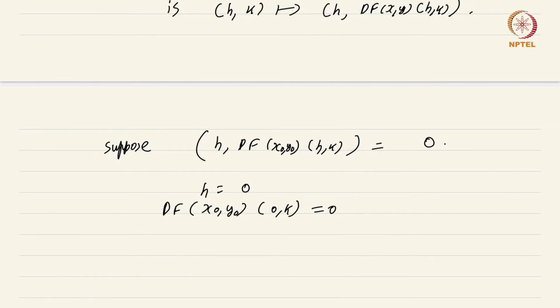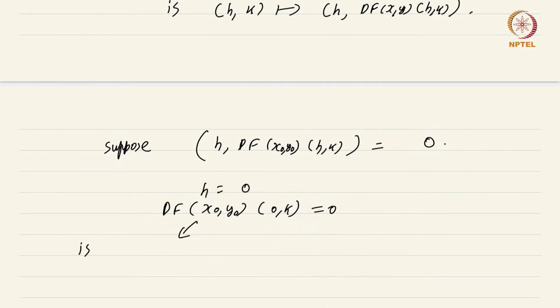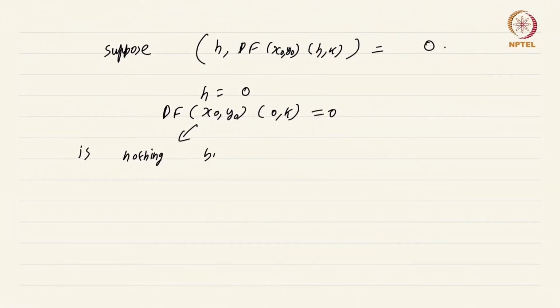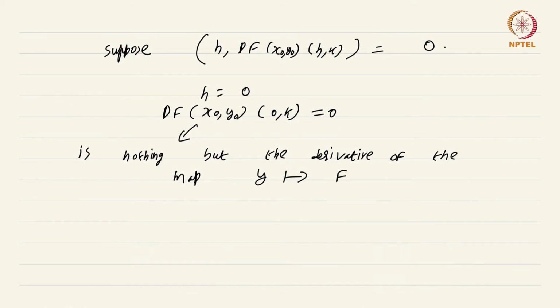Now I leave it to you to observe that this map d f x0 y0 acting on 0 comma k is nothing but the derivative of the map y maps to f of x0 comma y. I want you to check that. This is rather trivial.